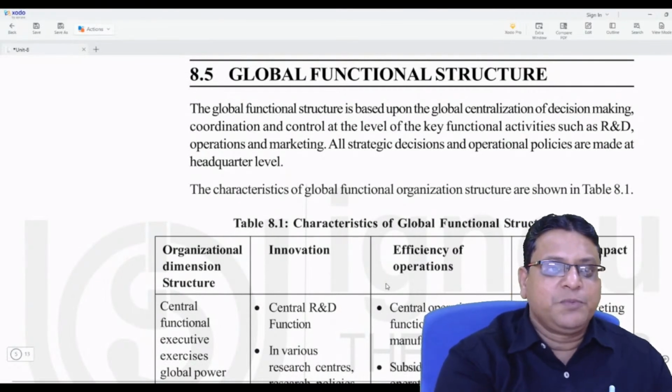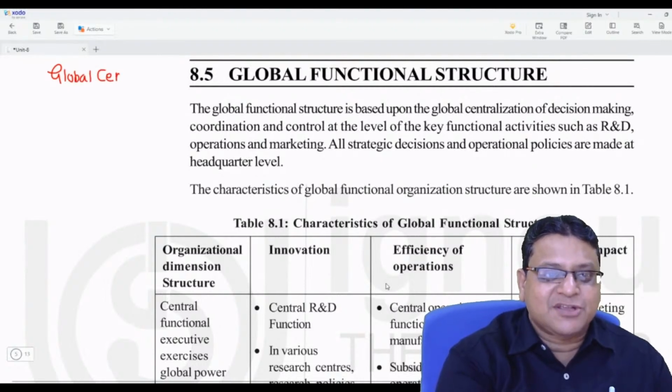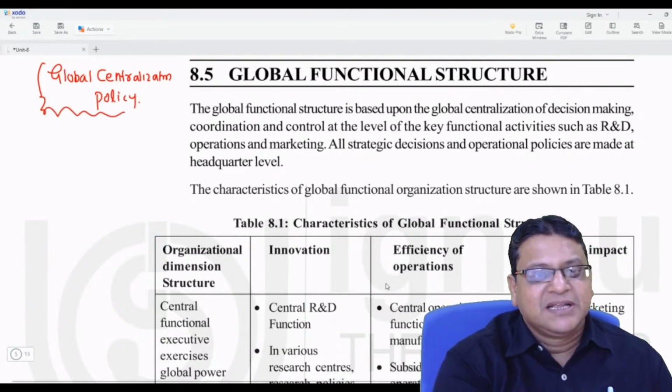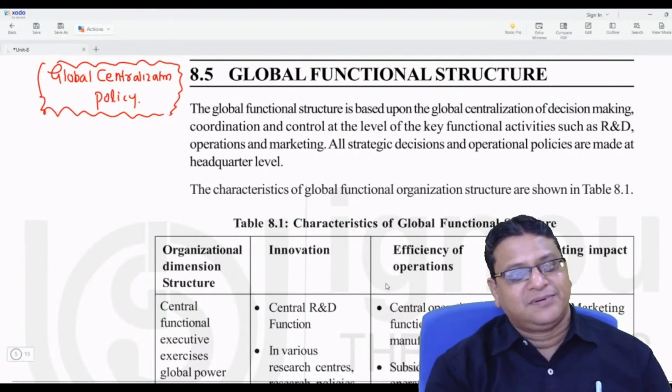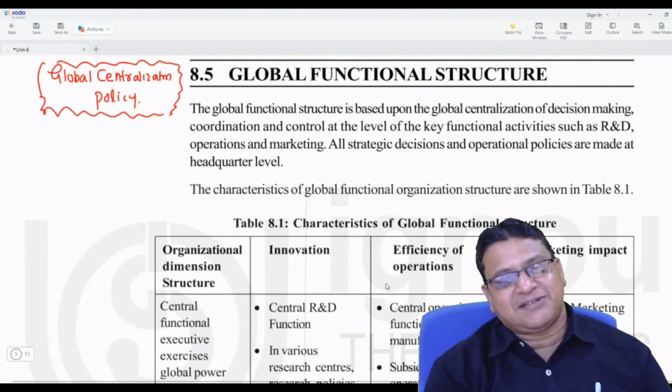In this case, we follow a global centralization policy. What is centralization? Centralization simply means keeping more and more authority in the hands of the top boss. That is known as centralization.